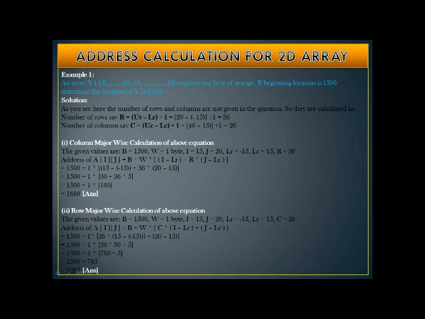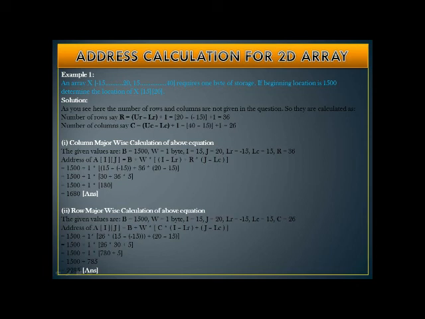LC, the lower limit of the column, is 15, and the number of rows is 36. We are going to plot the values in the formula, calculate, and we will get the answer as 1680, which is the address of x[15][20].